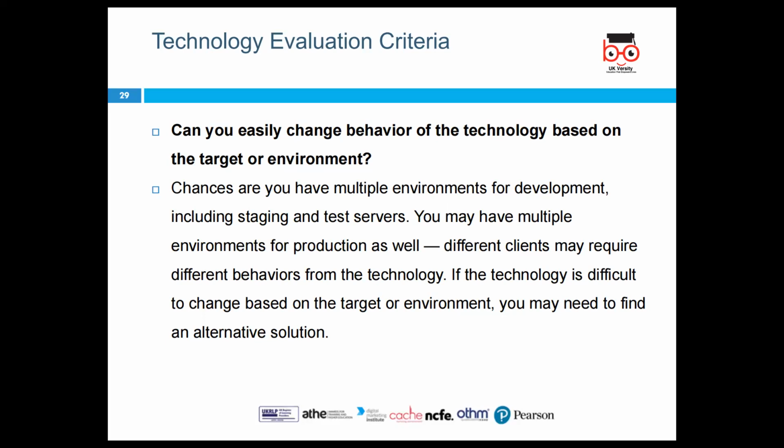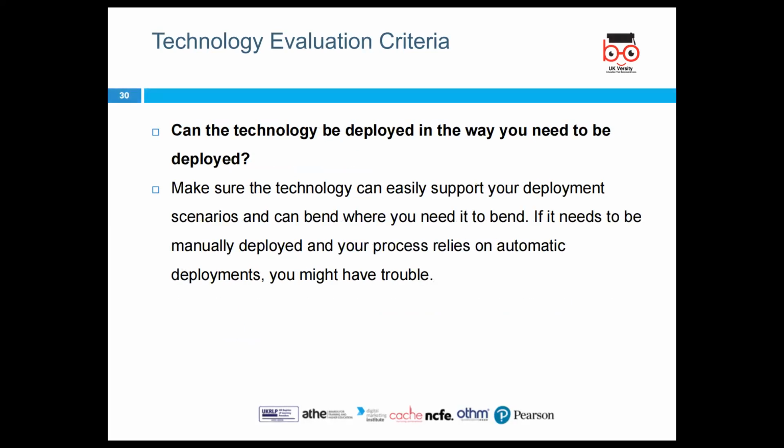We might have multiple environments for production as well. Different clients might require different behaviors from our technology. So if the technology is difficult to change based on the target or environment, we might need to find an alternative solution.